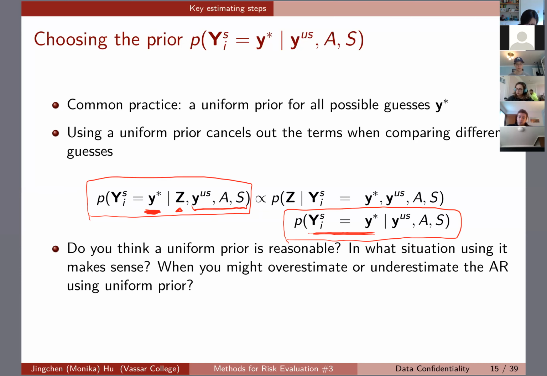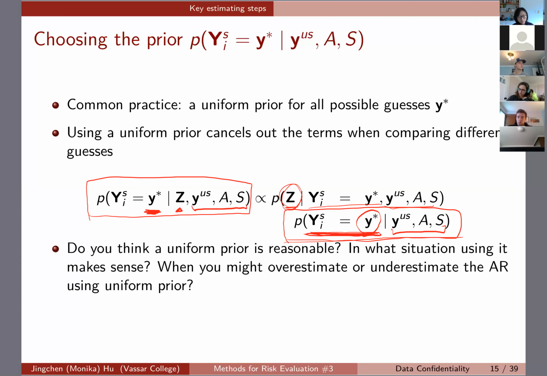So that can be thought of as a posterior, because you can express your Z given the guess and then everything else. That left you with this prior. And this prior, if you think about it, is without knowing anything about the synthetic data itself, how likely it is, or what's my prior belief about guessing Y star given what's known to the intruder.